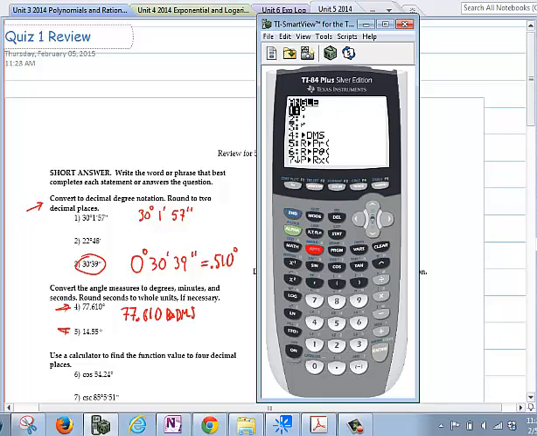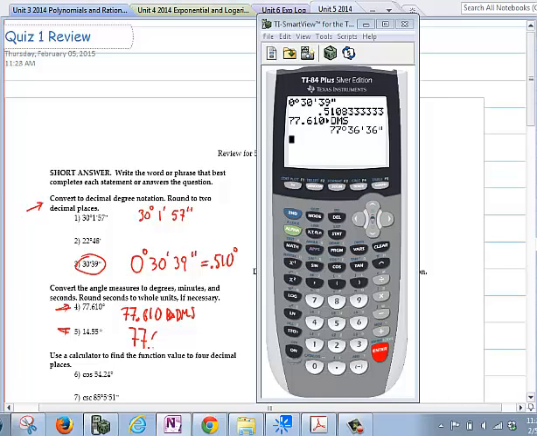And if you look down at number 4, it's DMS. Now, some of you who have a calculator have to scroll over quite a bit for choices, and it may be hidden, but you should definitely remember from our practice in class where that is. So 77.610 is equal to 77 degrees, 36 minutes, 36 seconds.